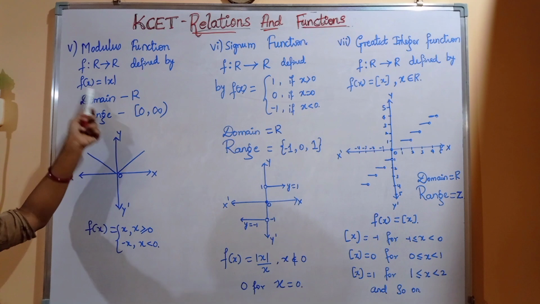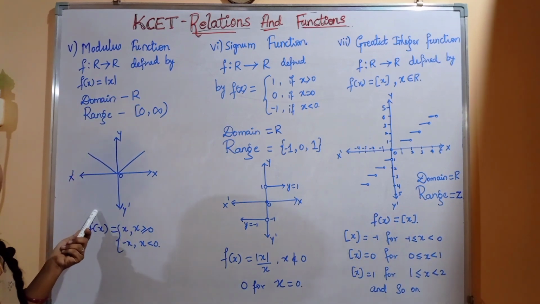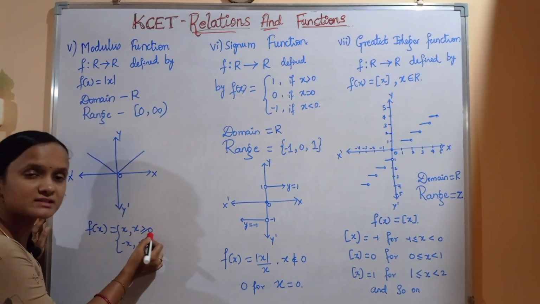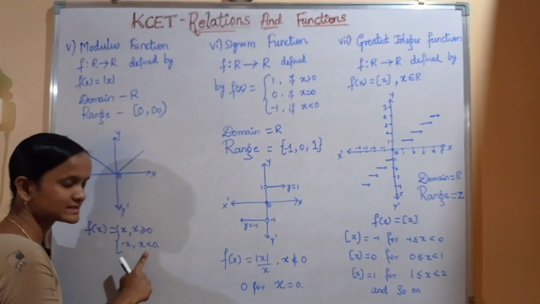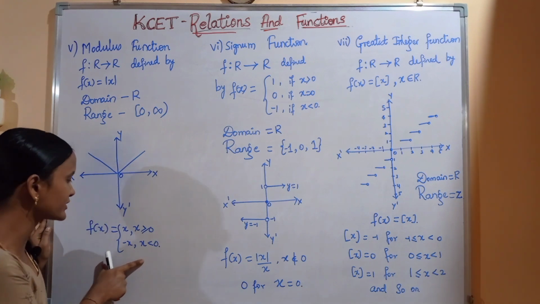If we consider the graph, f of x is equal to x when x is greater than or equal to 0, and f of x is equal to minus x when x is less than 0, which is important. This is the defined way of the modulus function.